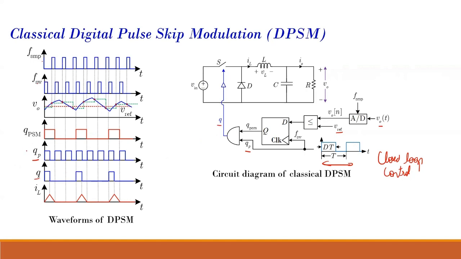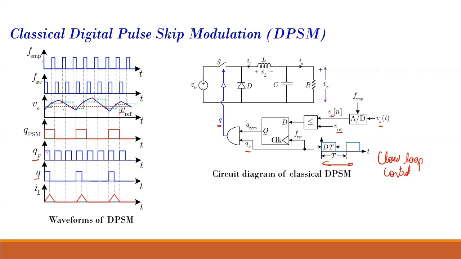But I have added another layer, another block you can say. When my output voltage is greater than my reference voltage, I don't want these pulses to turn on my switch, because already my output voltage is more than my reference voltage.